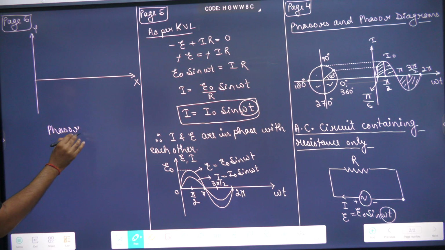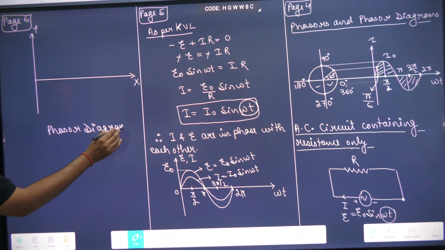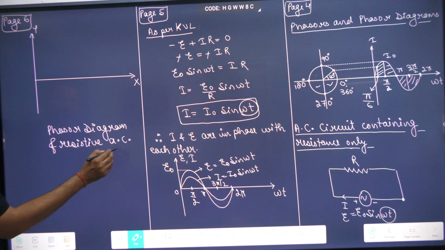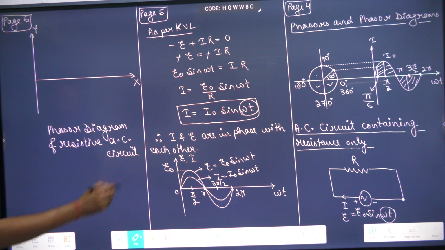This is the phasor diagram of a resistive AC circuit.